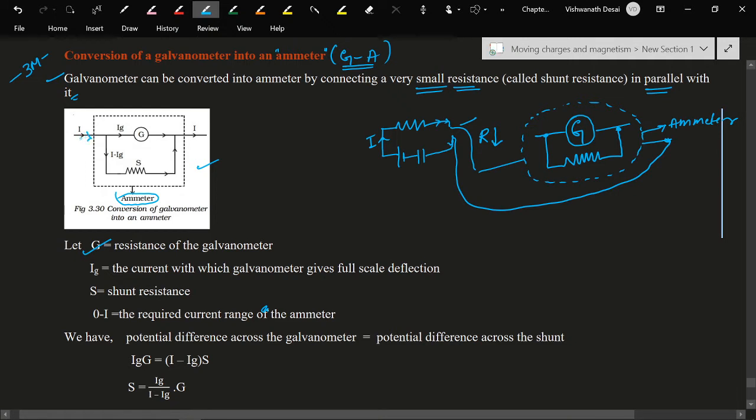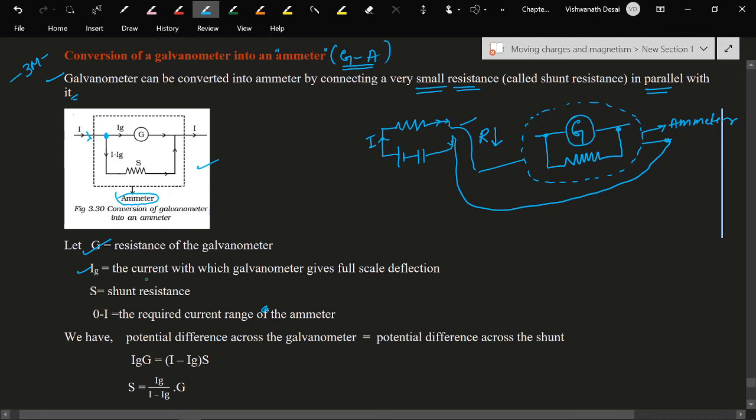I can call it the main current. Once it reaches a junction, it takes two paths. Some of the current goes into the galvanometer, and the remaining current, that is I minus Ig, will go into the resistor S.